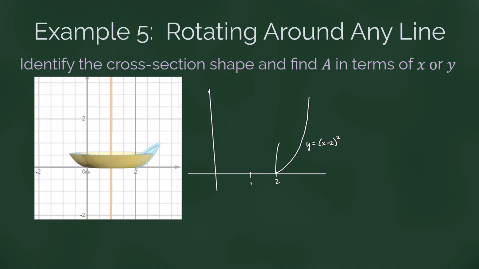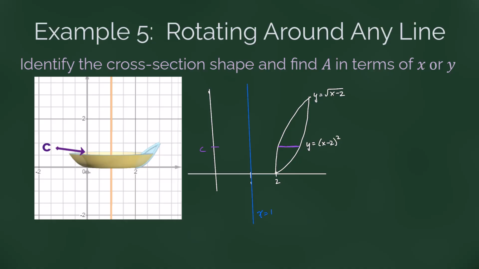And in this instance, we're also going to have to go ahead and graph our new axis of rotation, which is the line x equals 1. With those graphed, we proceed as usual by picking an arbitrary value of c along the y-axis, which is where we're slicing.